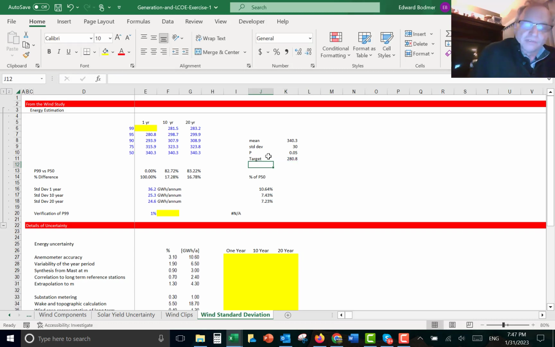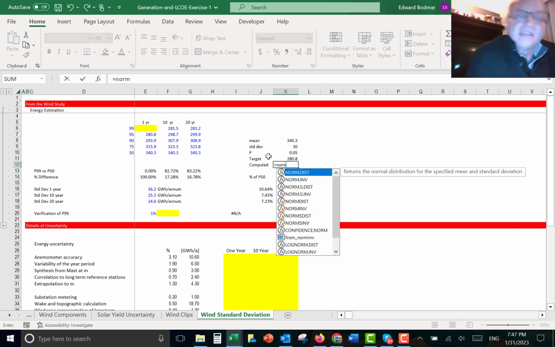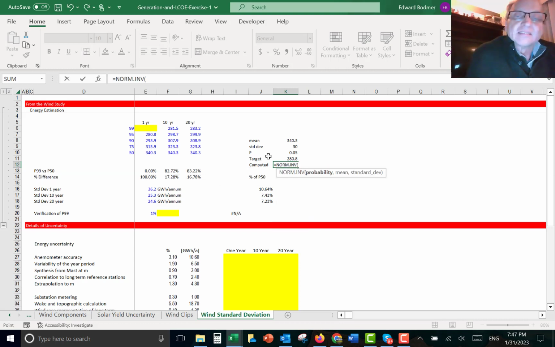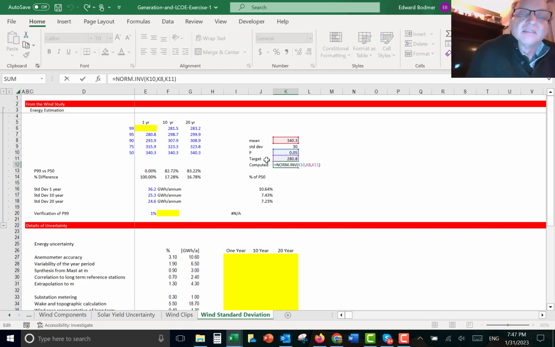Let's take the computed value and compute this using NORM.INV, taking our P level, our P50, and our standard deviation. Oops, this was supposed to be the standard deviation, sorry.